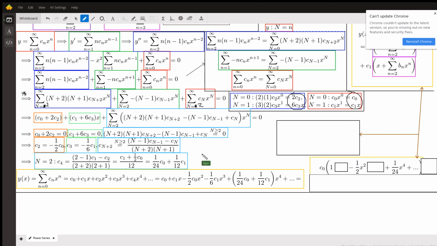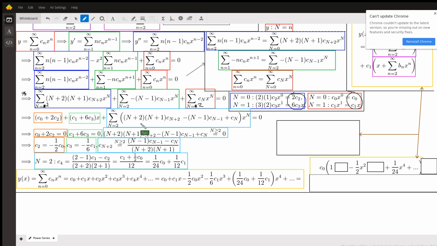I factor that out of C0, I'm left with 1. This one doesn't have a C0 in it. Minus 1/2 C0 x squared becomes minus 1/2 x squared once we factor the C0 out. And over here, I'm just going to factor out this part of the x to the fourth. So we're going to get a 1 over 24 x to the fourth within this C0 parentheses here, and then plus a bunch of other higher powered terms for x.